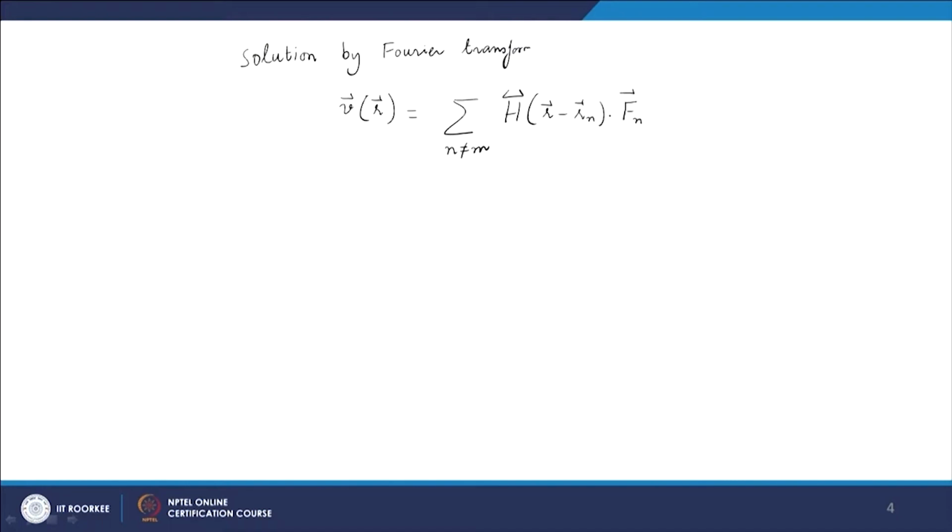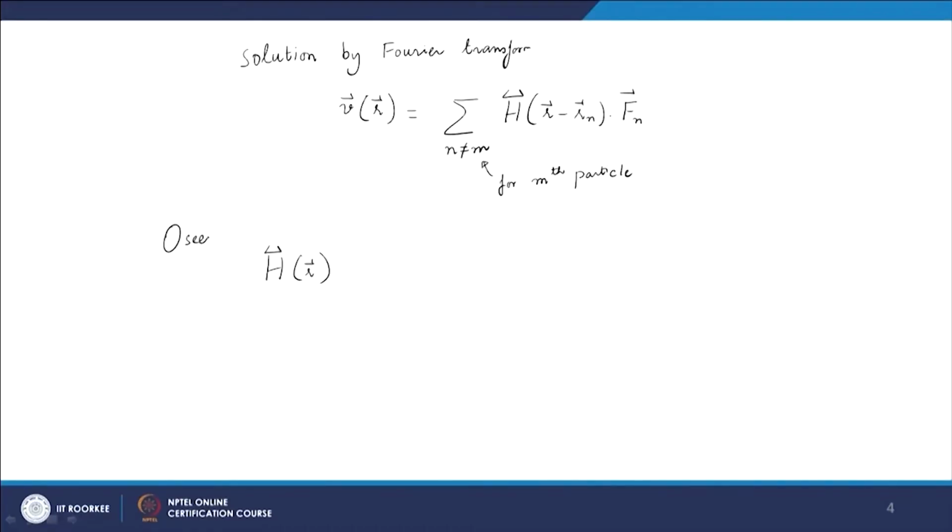If I solve by Fourier transform, what I do get is my V of R is sum over all values of n not equal to m, some function H of R minus R_n dotted with F_n, and this is what we have for the mth particle, where this function H, I want to differentiate that from the mobility matrix by noting that this is a function that we get by making an approximation, that is the Stokes approximation.